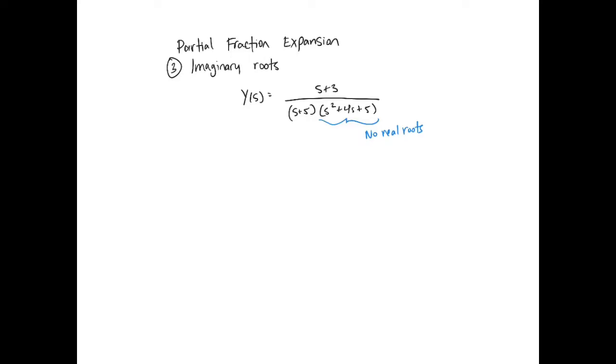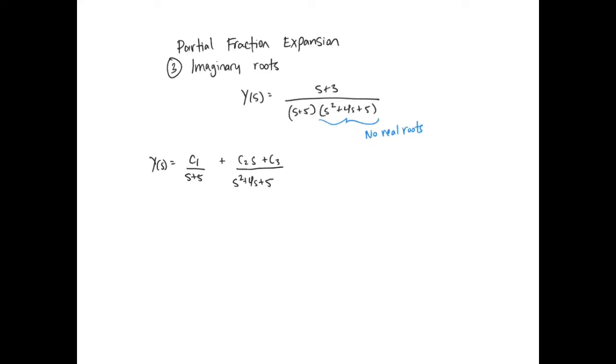So here, what we do instead is we leave that part as a polynomial. So in this case, you end up with c1 over (s + 5). So Y(s) is equal to c1 over (s + 5) plus (c2 s + c3) divided by (s² + 4s + 5).